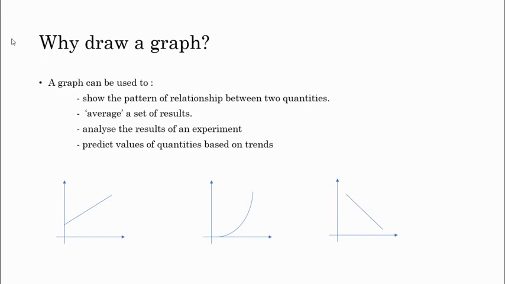We can do a graph that shows many values, and from that graph, we can get an average of the results that is likely to be more accurate than just one set of readings. We can also use a graph to predict what the value of a quantity would be outside of the range of values that we have, but just based on the trend or the pattern that we observe from the graph.